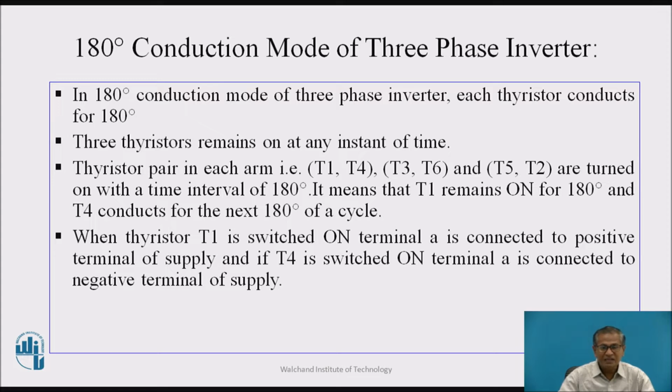It means that T1 remains on for 180 degrees and T4 conducts for the next 180 degrees of a cycle. When thyristor T1 is switched on, terminal A is connected to the positive terminal of the supply. If T4 is switched on, terminal A is connected to the negative terminal of the supply.